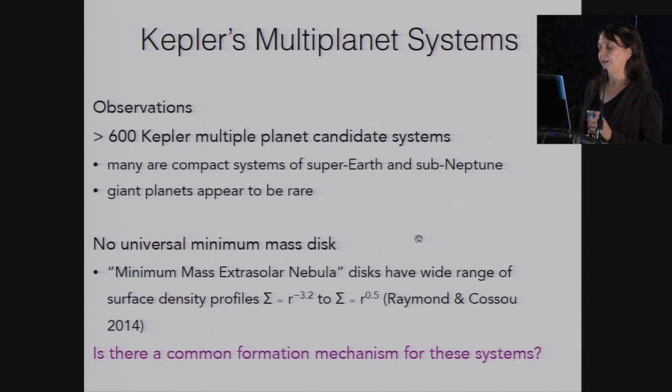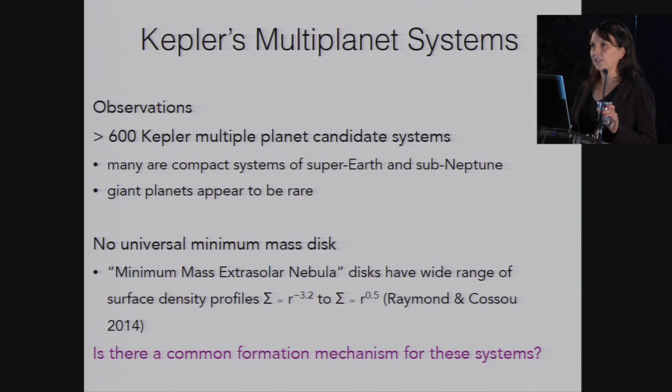Another study that Sean Raymond did is to take the exercise of generating a minimum mass disk, but applying it to all of the Kepler multiple planet systems. And what he found is that you can't make a universal minimum mass disk.